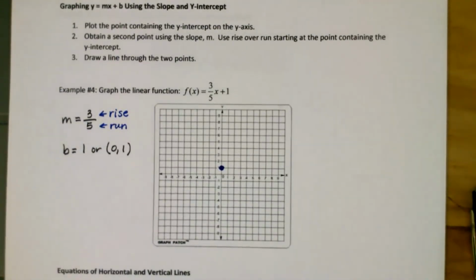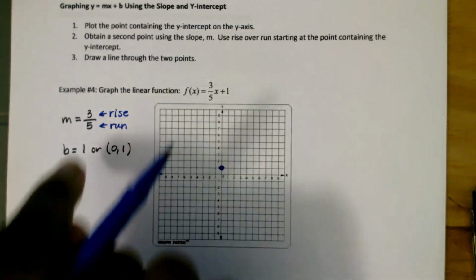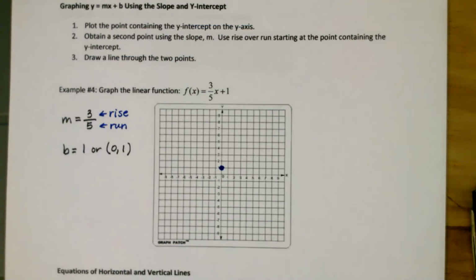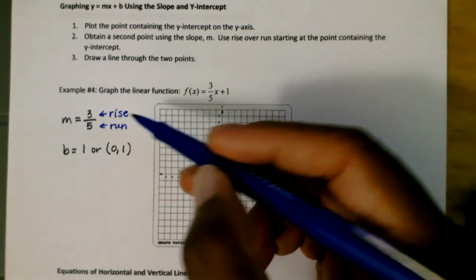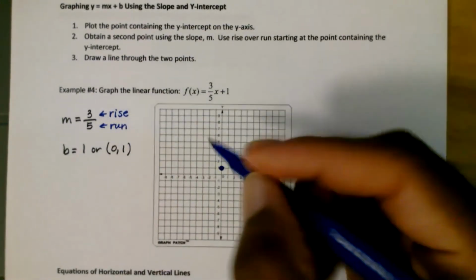Okay. Now notice that the 3 is positive and the 5 is also positive. The rise tells me how many places I need to go up or down from the y-intercept. And then the run is going to tell me how many places I need to go either to the left or to the right. And it's usually dependent upon the sign. So in this case here, the rise is a positive 3.